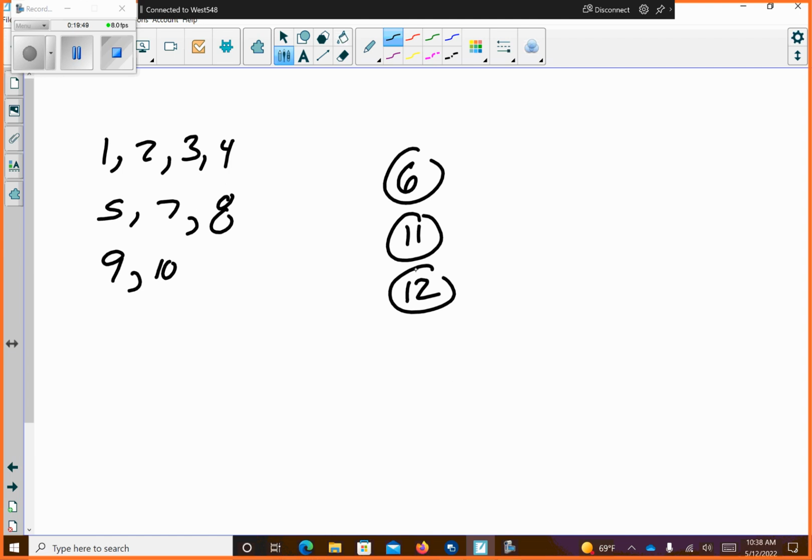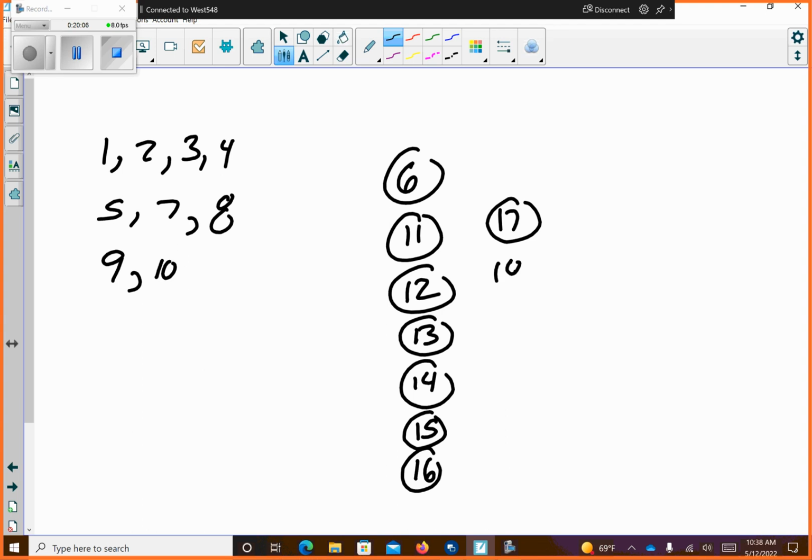Did I do 13? I don't think I did 13 yet. 14, I don't think we did. 15, I don't think we did. 16, I don't think we did. 17 might be one that we still need, as well as 18 and 19 and 20.